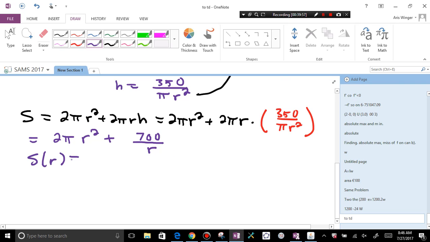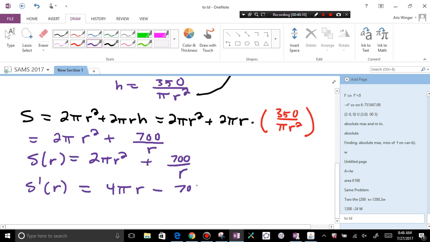S of r is equal to 2 pi r squared plus 700 over r, and S prime of r, or ds dr, is equal to 4 pi r minus 700 over r squared. And then it's just all algebra at that point, getting r by itself.